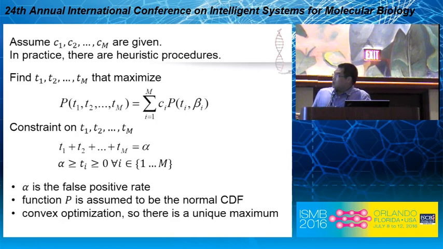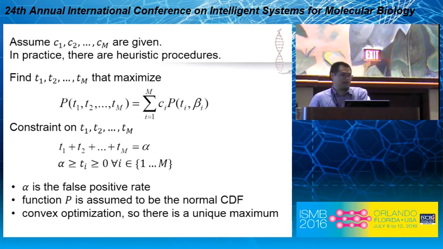So once you assume what the Ci's are, then finding Ti is pretty straightforward, because now this optimization is a convex problem with respect to T. And you have these constraints on T so that they sum up to be alpha, and they are between 0 and alpha. Alpha is the false positive rate.